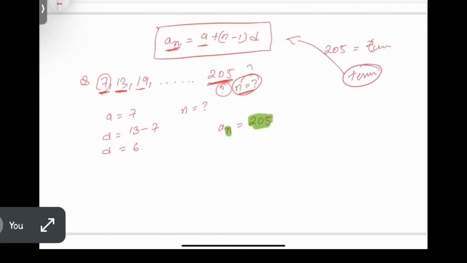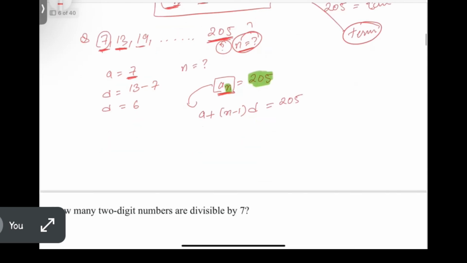So what do we have? We have the formula. What is a n in the formula? A n in the formula is a plus n minus 1 into d, equal to 205. So in place of a n, I'm writing the formula here. The a value is 7, plus, what is the d value here?